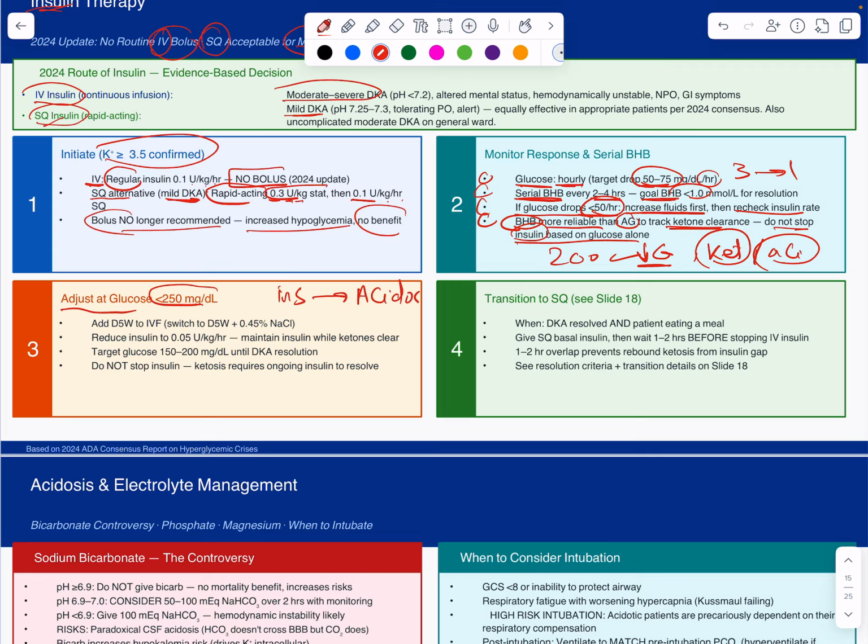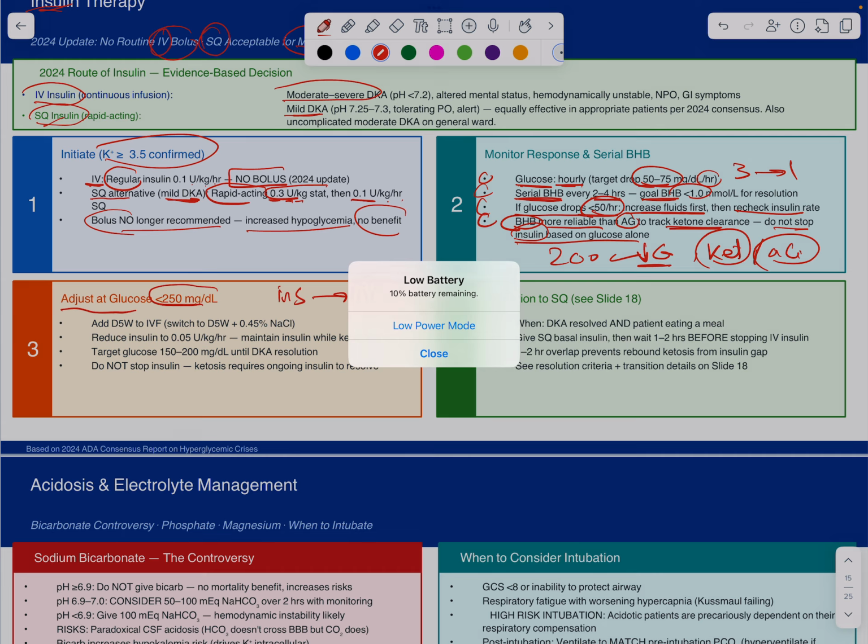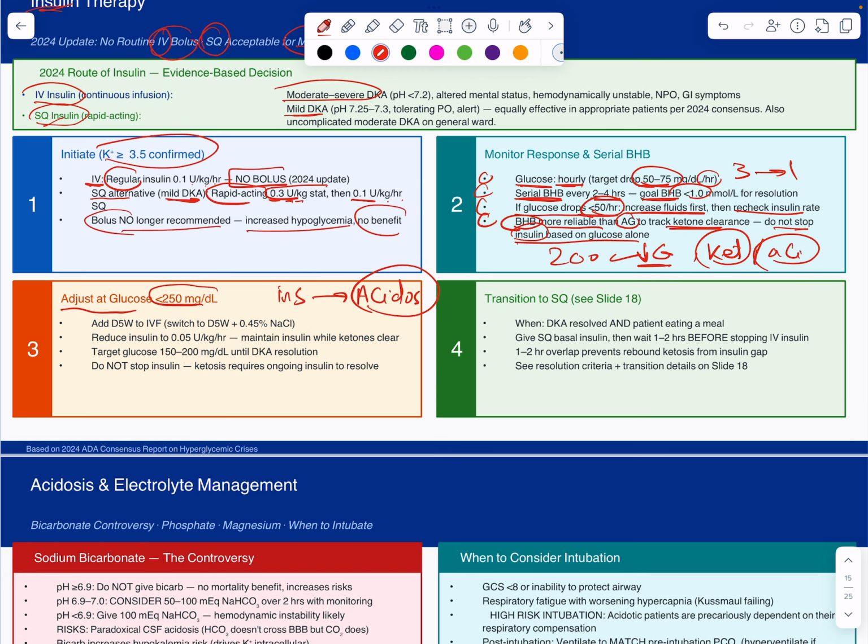We are not giving the insulin here for the hyperglycemia, we are giving the insulin for the acidosis, and you have to continue giving the insulin if the acidosis didn't resolve. But if the glucose drops below 250, you'll need to add D5W to the IV fluid.